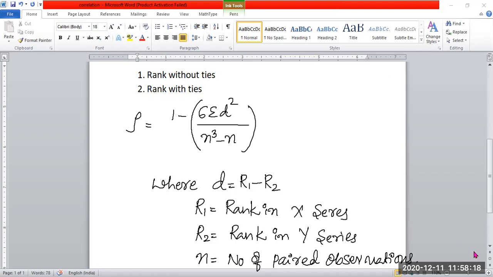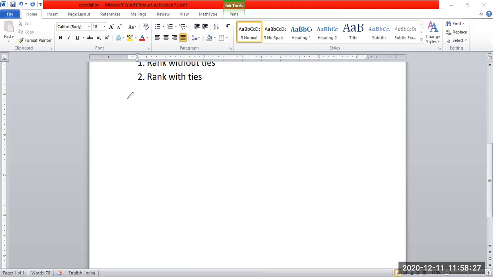Can we go to the other one? Yes, the second one, rank correlation coefficient with ties.